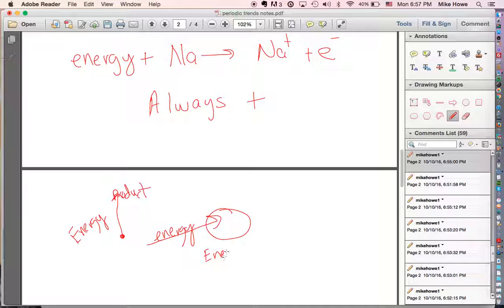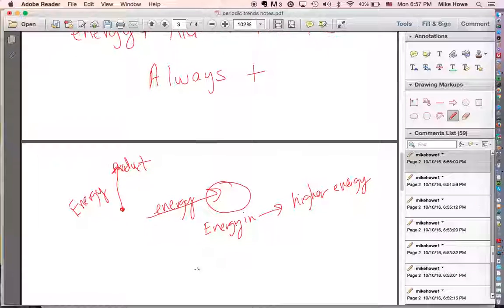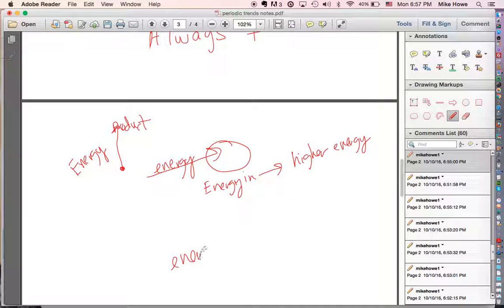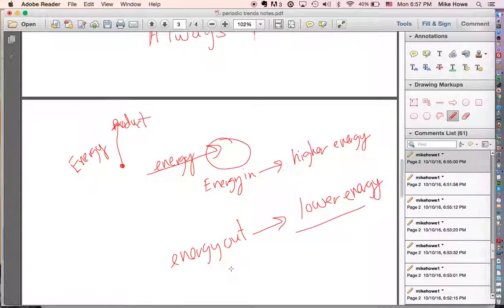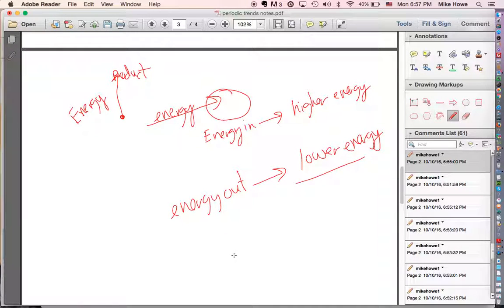So energy in, higher energy. That seems kind of to make sense, doesn't it? Okay, but if energy comes out, that would be what kind of energy state? That'd be a lower energy state. Which one of these is a natural process? That one. Things tend to go to a lower energy state.